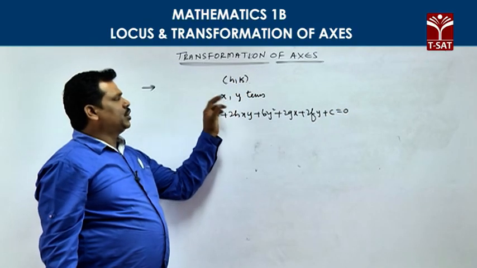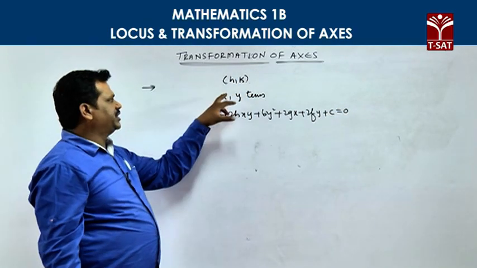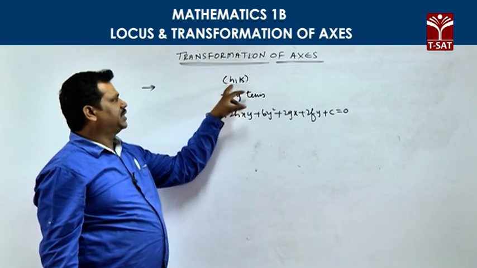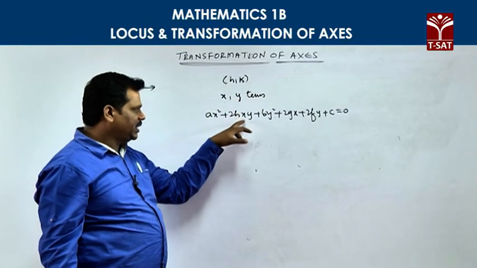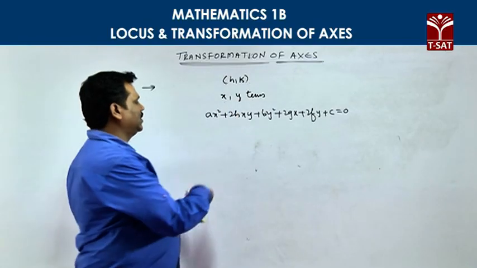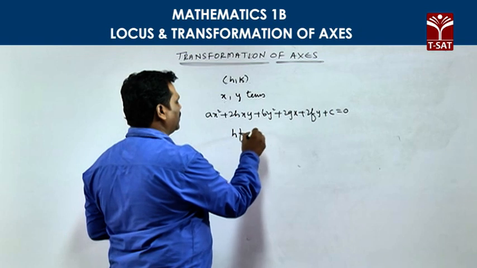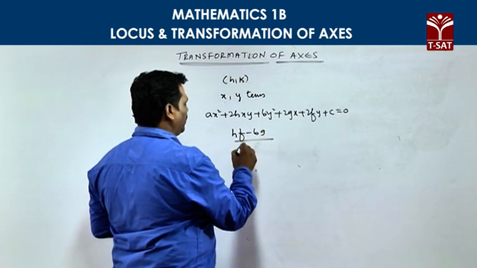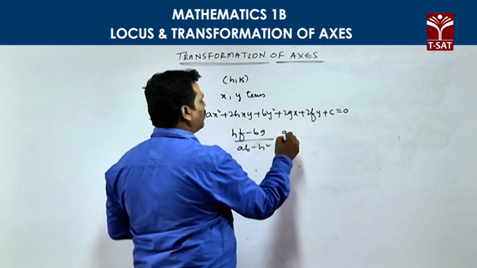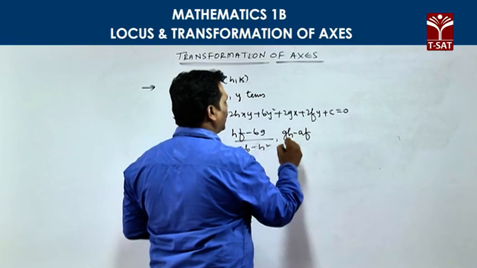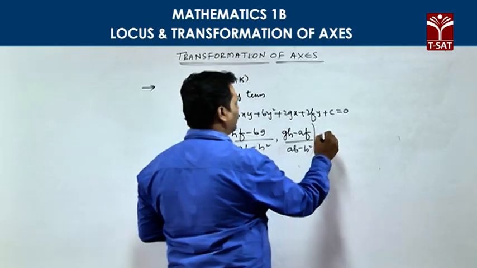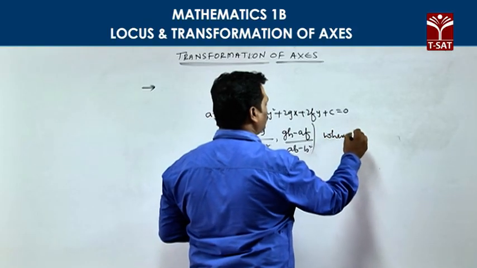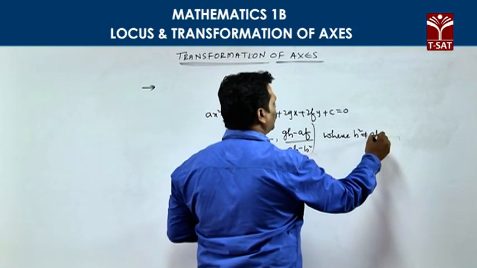The point to which the origin is shifted, to eliminate the xy terms in this equation, is (hf minus bg) by (ab minus h square), comma (gh minus af) by (ab minus h square). This is a point where h square is not equal to ab.